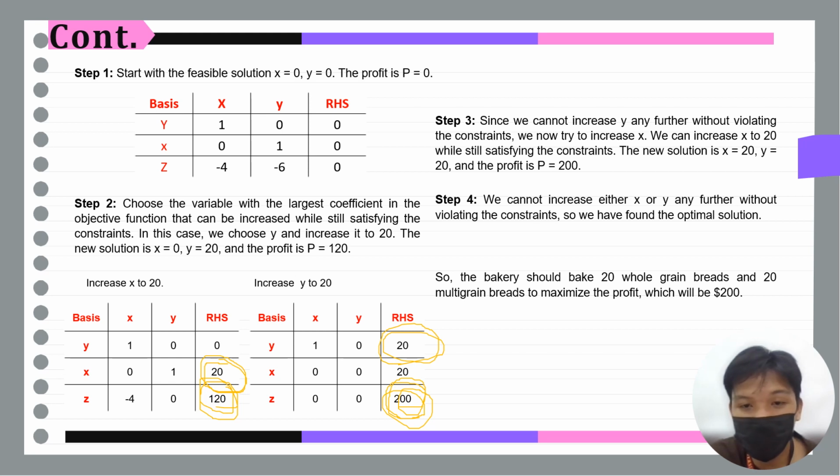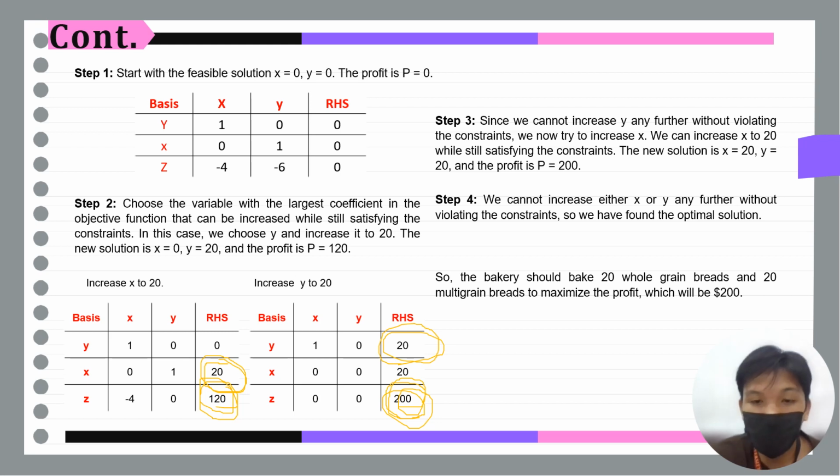So we cannot increase either x or y any further without violating the constraints. So we have found the optimal solution, which is $200. So the bakery should bake 20 whole grain breads and 20 multigrain breads to maximize the profit, which will be $200.